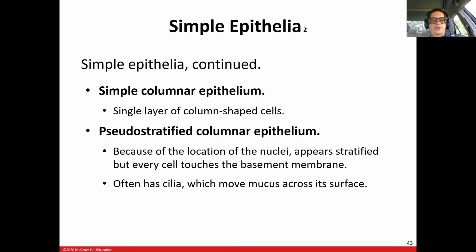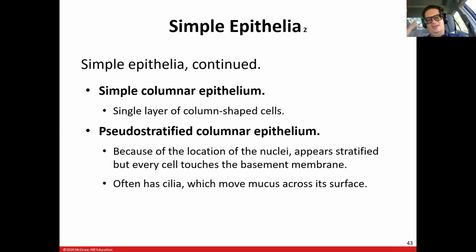All right, so simple columnar, single layer of column-shaped cells. Easy. Pseudostratified columnar epithelium. Already talked about that. It looks like it's multiple layers, but it's not.